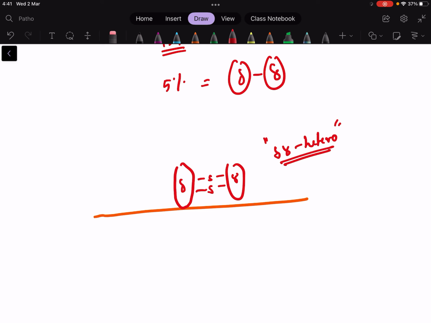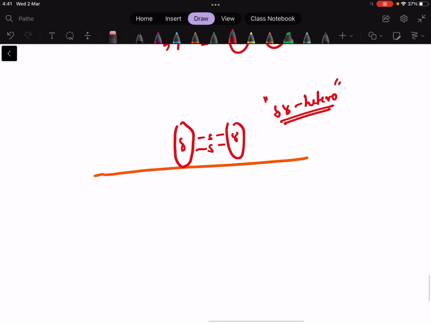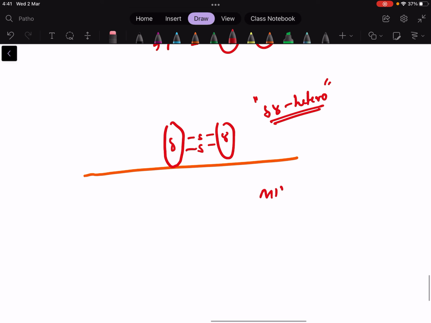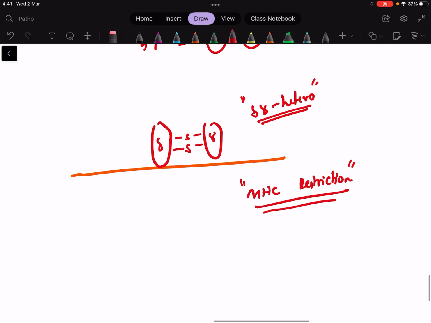Now this delta gamma heterodimer, obviously they don't have MHC restriction. This is very important. I already told you this MHC restriction is present in the 95% alpha beta heterodimer, whereas the 5% of T cells which consist of delta gamma heterodimer on their T cell receptor don't have MHC restriction.